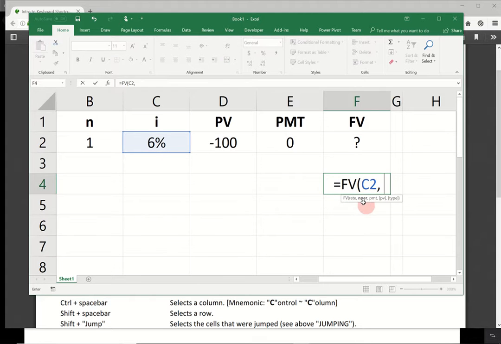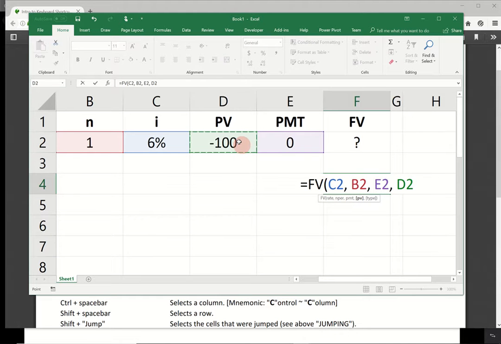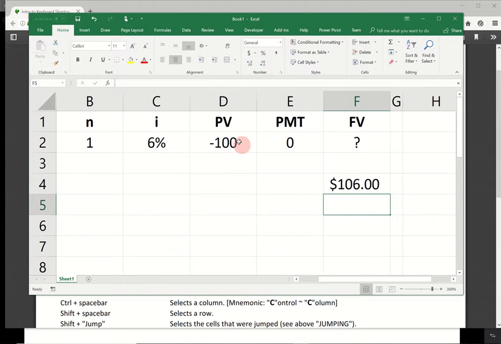It tells you, okay, so the next one is the number of periods, so that would be the 1 there, and then I hit comma, and then I'm back here in this area. PMT would be 0, comma, space, and the present value would be minus 100, and then when I type the right parenthesis and hit enter, that gives me the 106.